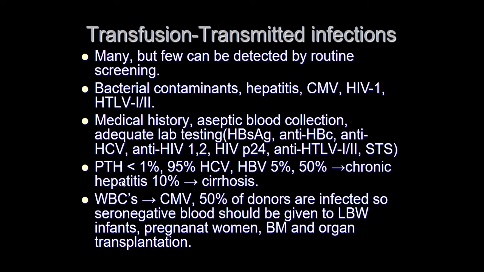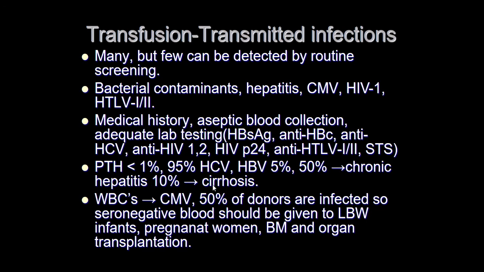Usually post-transfusion hepatitis is extremely rare when we do these tests, and it's less than 1%, and 95% is usually the hepatitis C virus, as I said, followed by hepatitis B, which is 5%, and 50% of those are usually associated with chronic hepatitis.